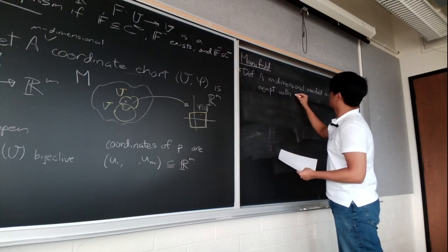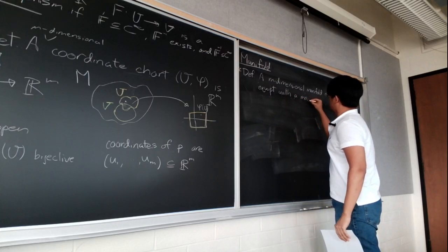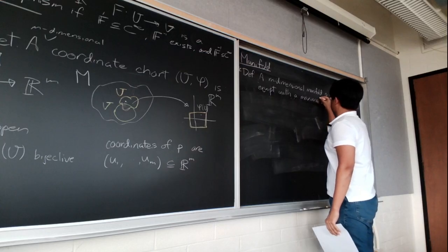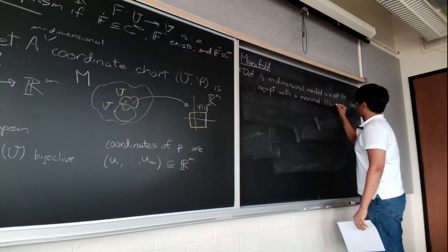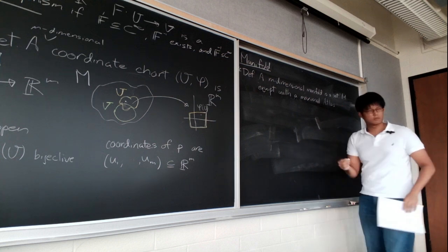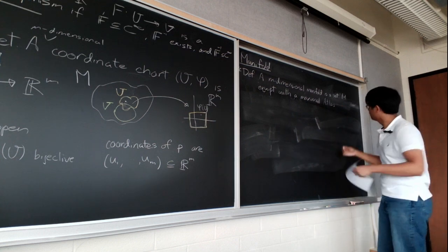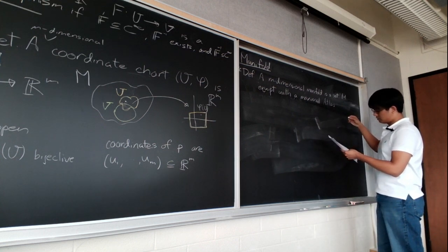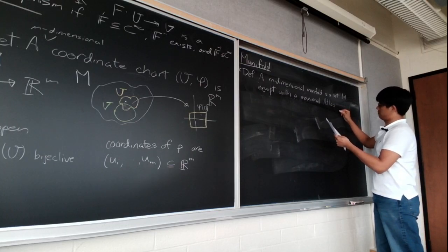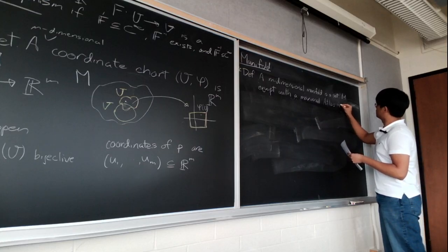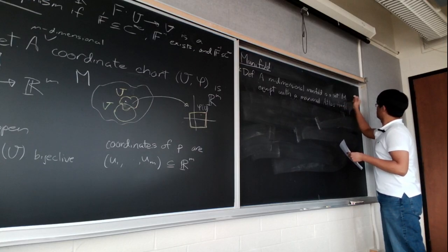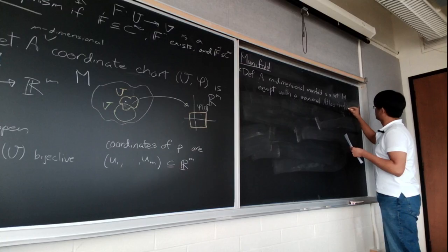Maybe another question. What I understand is that from the charts, we are constructing back a topology on M. Is that what you're doing? Yes, that is what you can do. So what sort of properties are we expecting it to have?